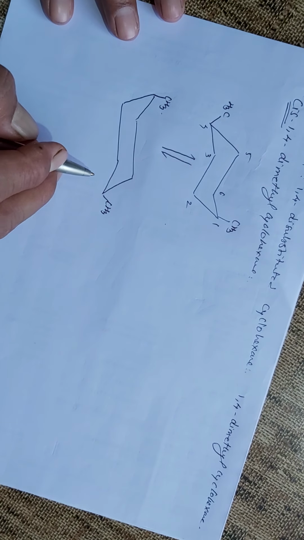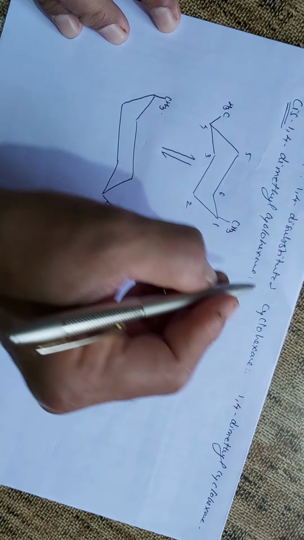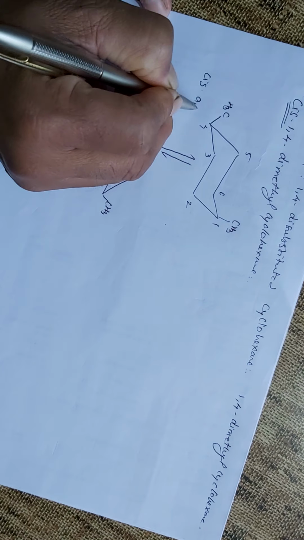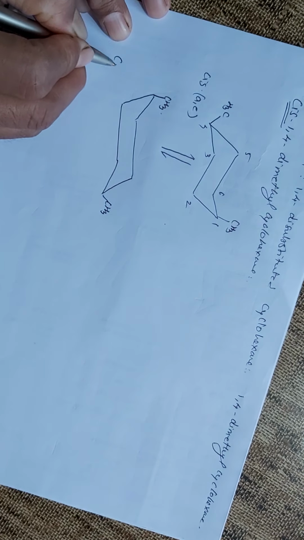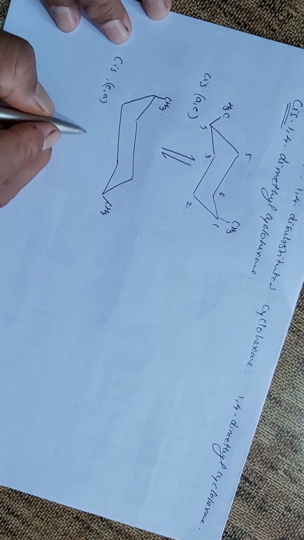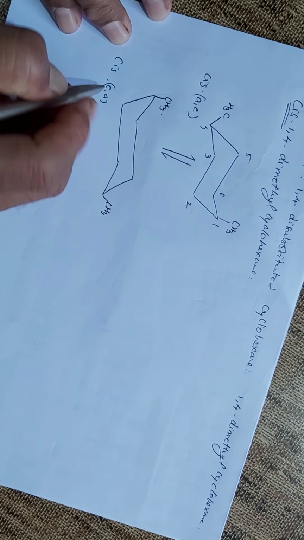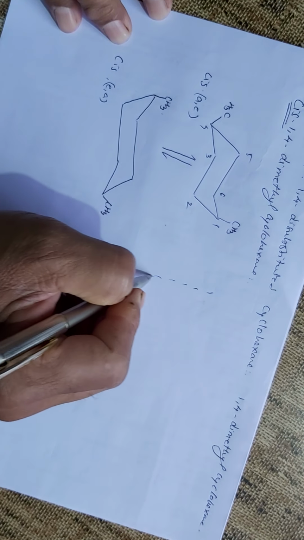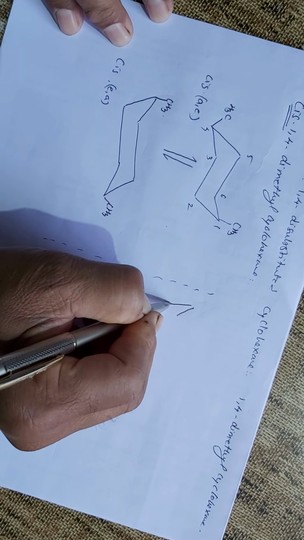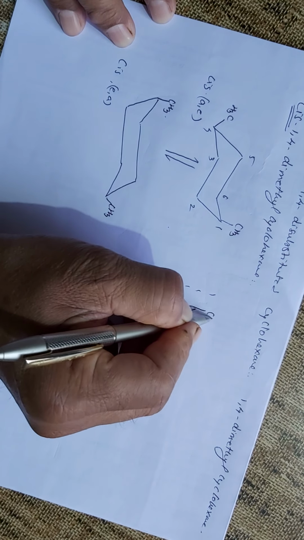Now if you see these two conformations which are possible, either the groups are cis axial equatorial, or here cis equatorial axial. So these two conformations will show the mirror images. We are supposed to draw the structures carefully.